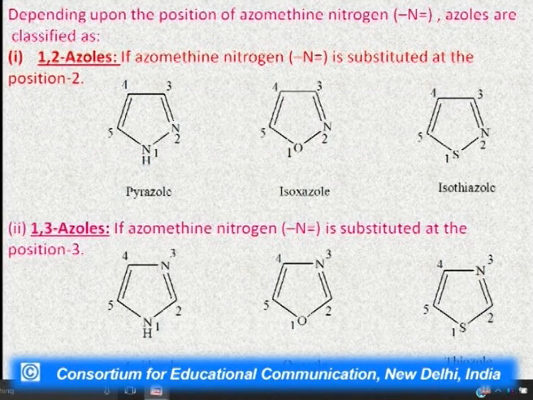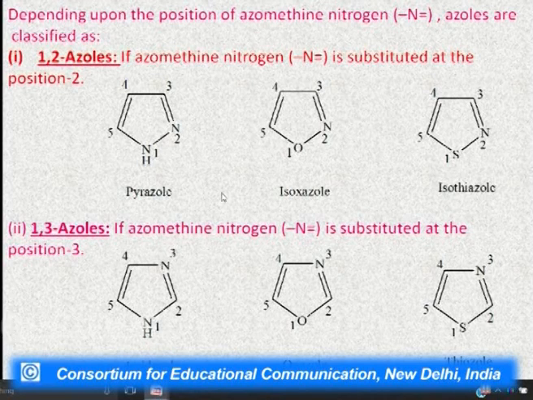Now depending upon the position of this azomethine, these have been classified as 1,2 azoles. These are the examples of 1,2 azoles. One of them is pyrazole, in which both heteroatoms are nitrogen. Then isoxazole, in which one heteroatom is nitrogen and the other one is oxygen, and it can be isothiazole, in which one heteroatom is nitrogen and the other one is sulfur.